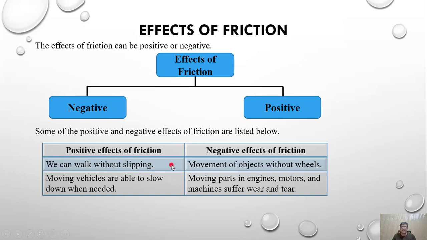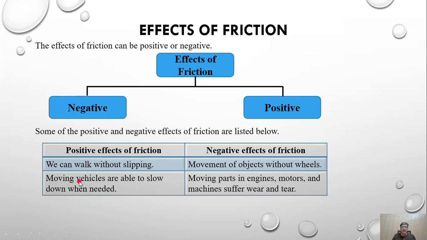That is why we call friction in such scenarios a positive effect of friction. Or in other words, where friction is supporting us, or where friction is acting to keep the object's balance, there the friction effect will be positive.